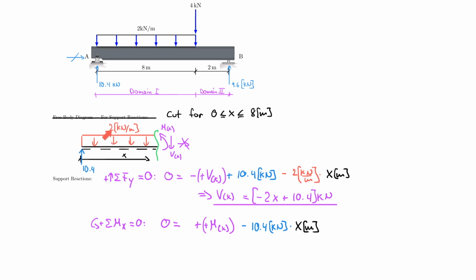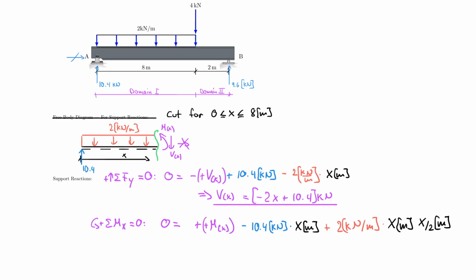Now I want to focus on the 2 kilonewton per meter, which rotates about this point counterclockwise. Therefore, that is positive. So plus 2 kilonewton per meter multiplied by x meters, but that is only the resultant force. So I now need to multiply that by its lever arm, which is half x in this case, so multiplied by x over 2, also in meters.